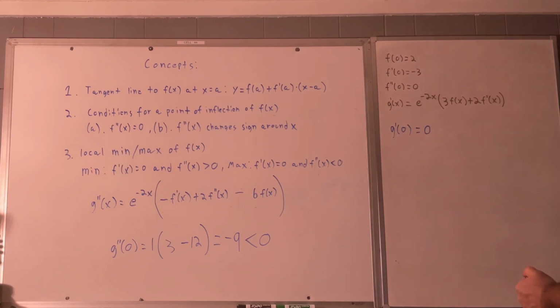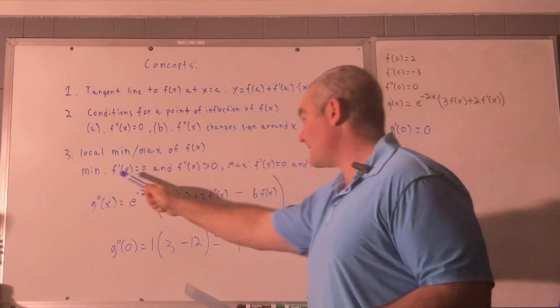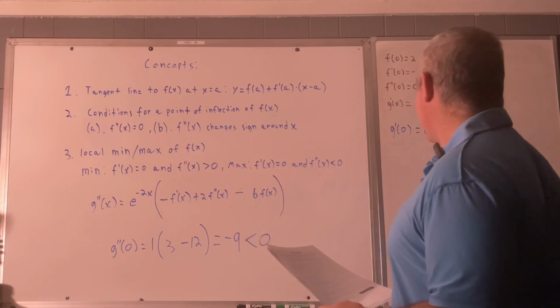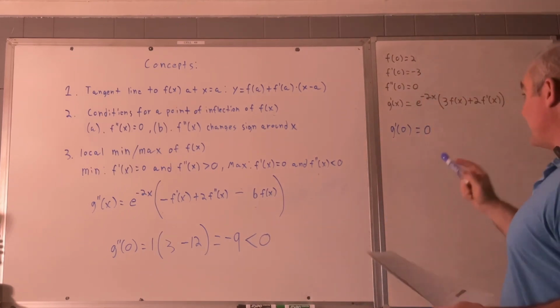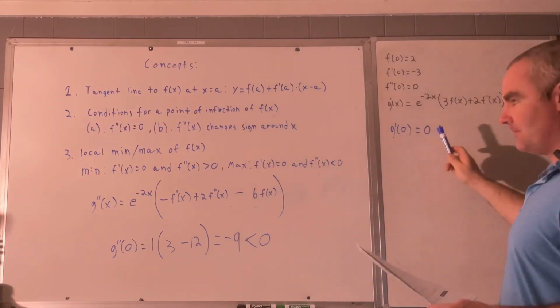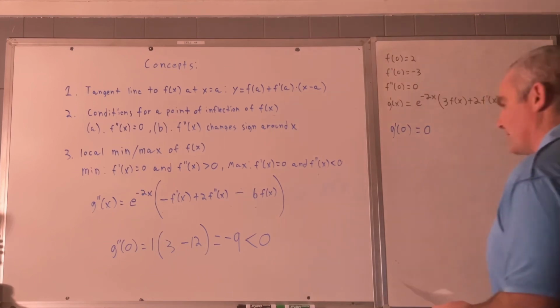And then it says justify your answer. Of course, justify it by showing all this stuff. State this in the answer to your problem, then show your work for finding g prime of 0, then show your work for finding g double prime of 0.